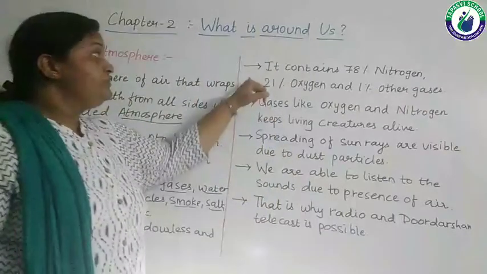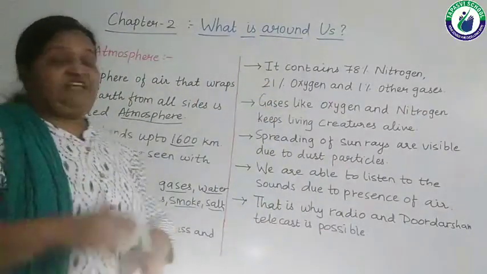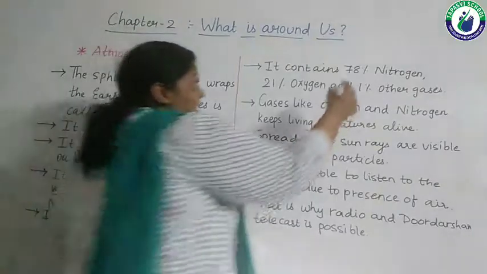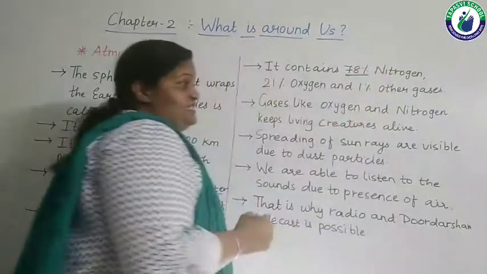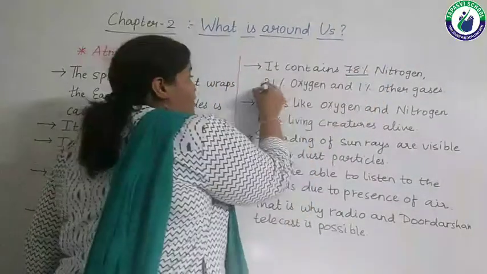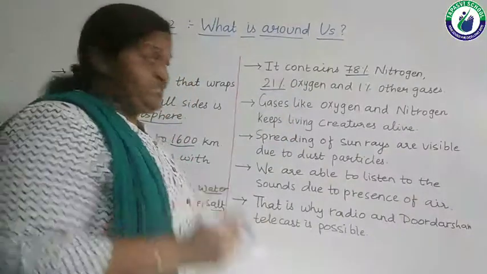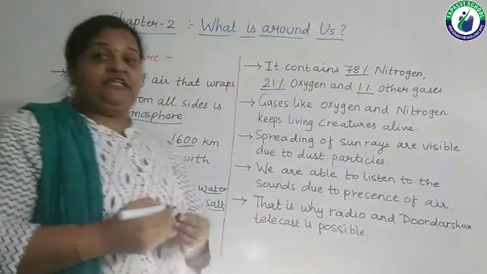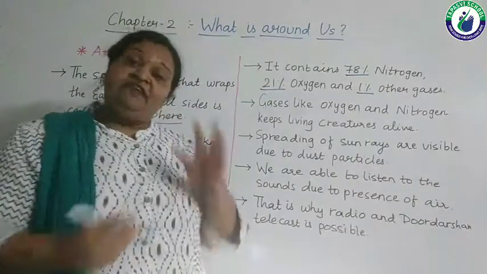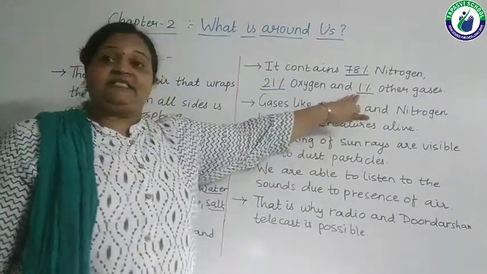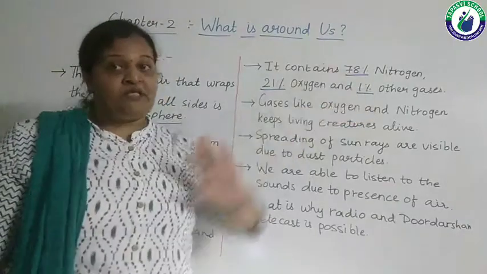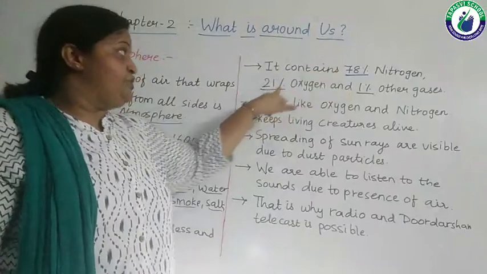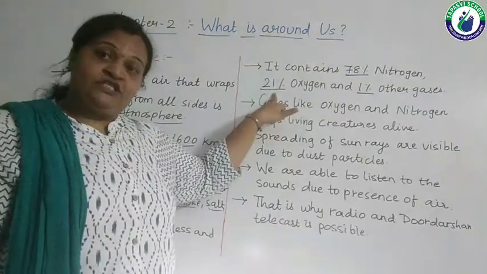Right? If I talk about gases, it contains 78% nitrogen, 21% oxygen and 1% other gases. Even carbon dioxide is inclusive in this 1%. So it is having 78% nitrogen, 21% oxygen.